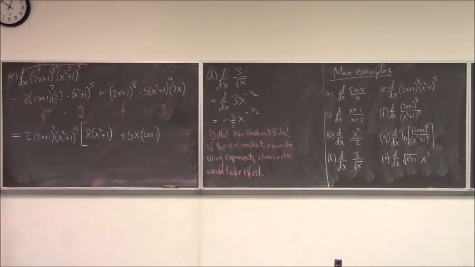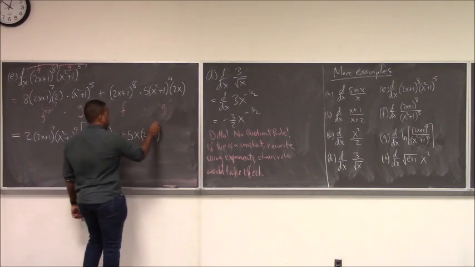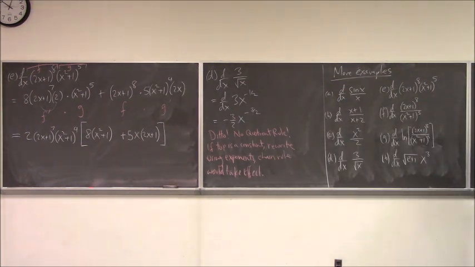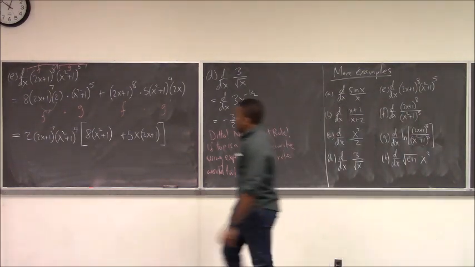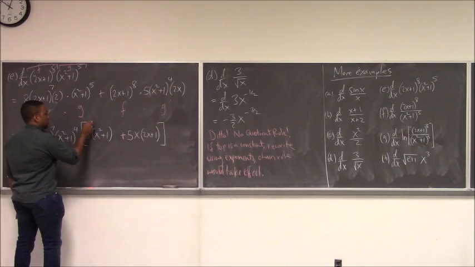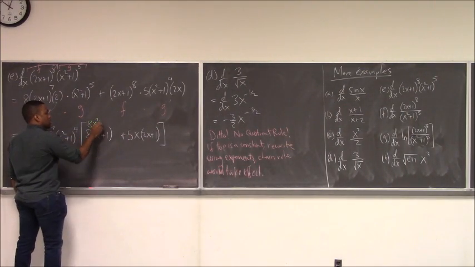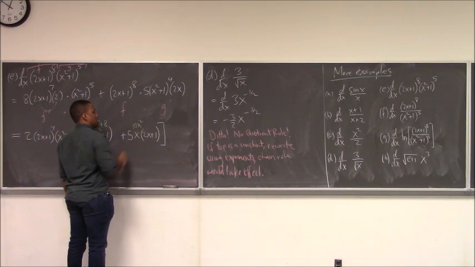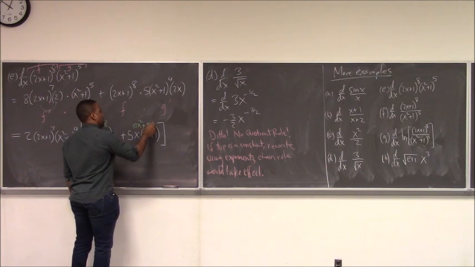Yeah. That's that. Let's just simplify in here. This will give us 8x squared plus 8. This guy would give us 10x squared plus 5x.